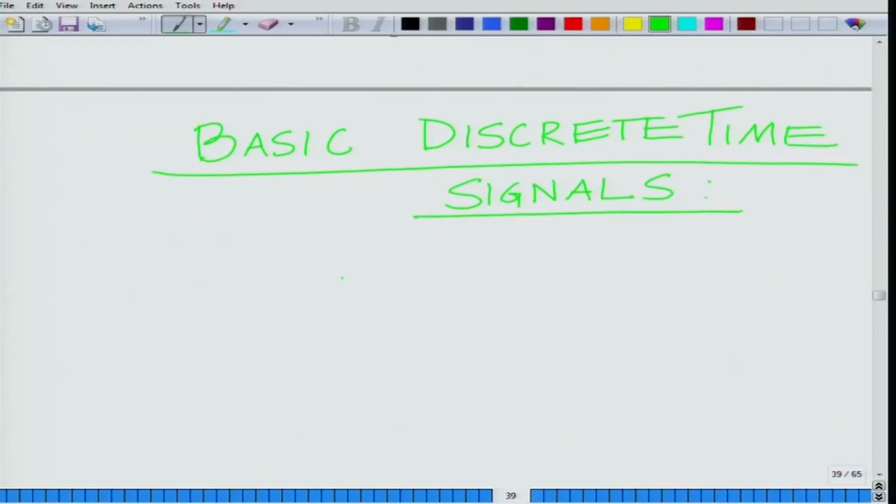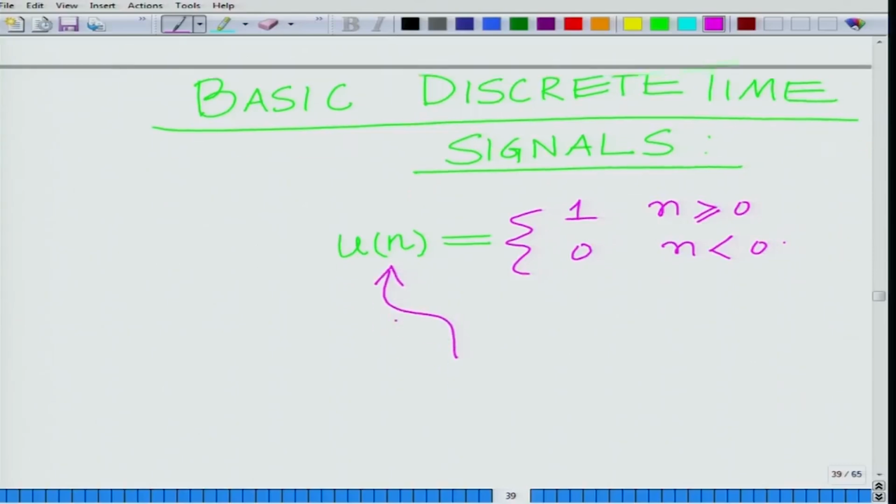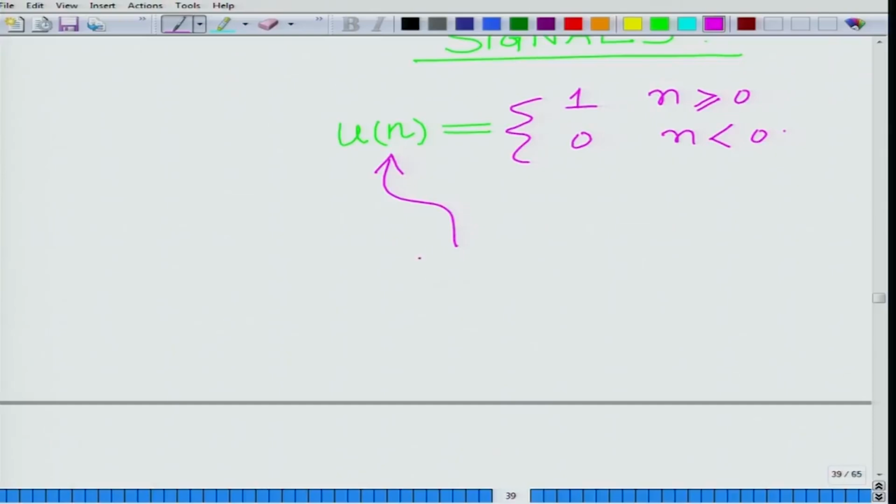Again, the unit step: u of n equals 1 for n greater than or equal to 0, 0 for n less than 0. This is termed the unit step function.